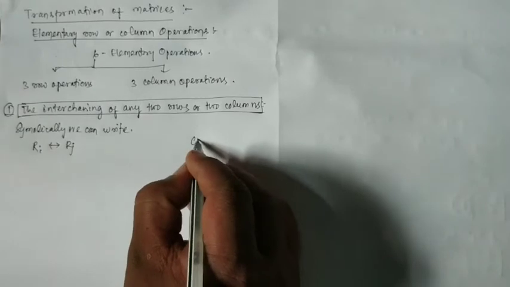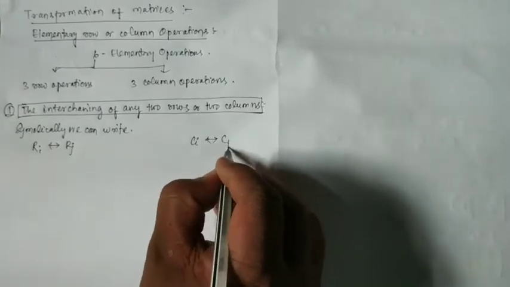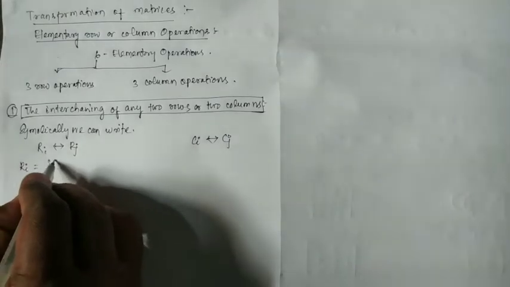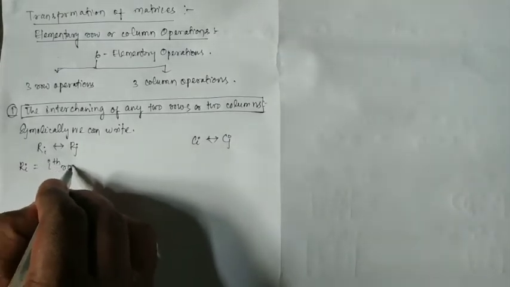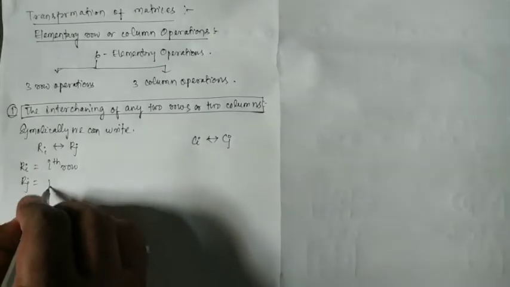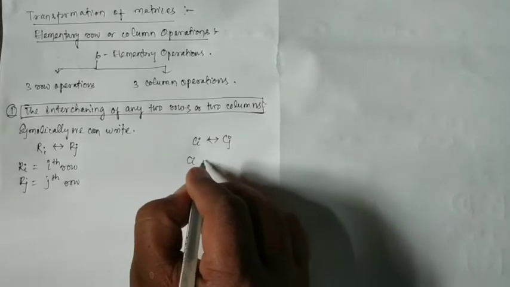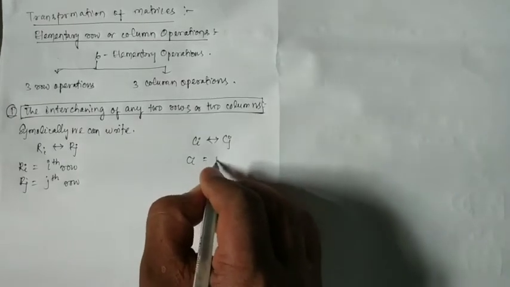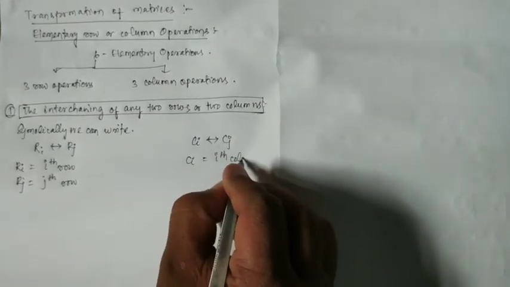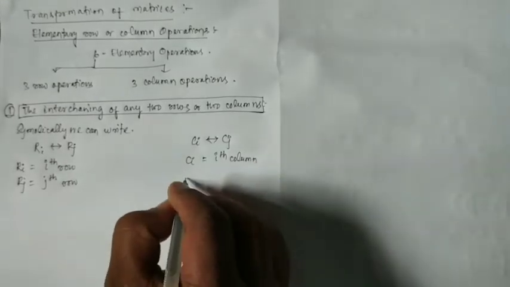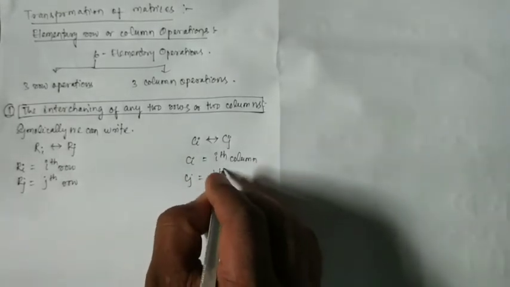interchanged by Rj or Ci interchanged by Cj, where Ri is the ith row and Rj is the jth row. Similarly, here Ci is the ith column, Cj is the jth column.